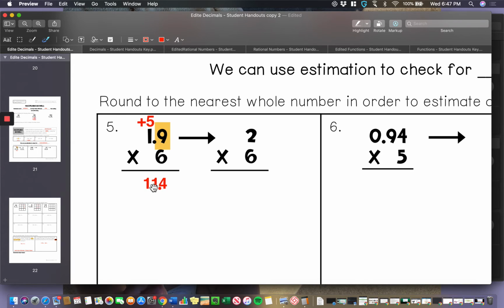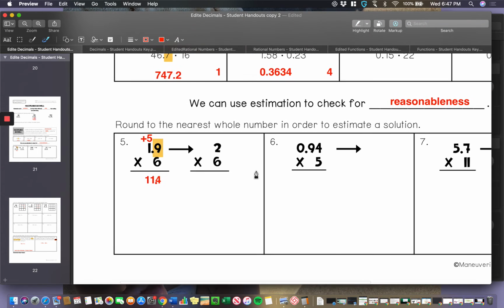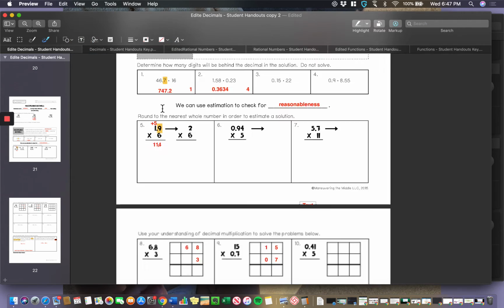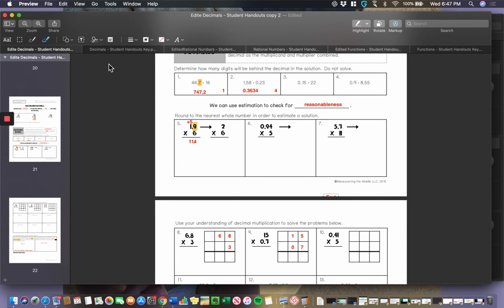Now here's their point. 11.4 can be estimated, and it's reasonable to say that 1.9 times 6 is going to be very close to 12. Okay? So what I'll do is fill in what we can round these to in order to get my answer. So 94 hundredths is very close to the number 1.